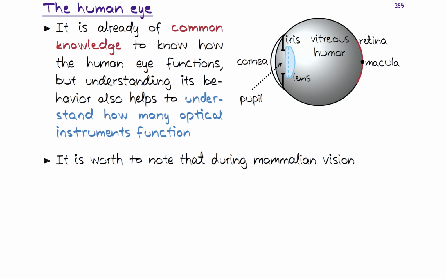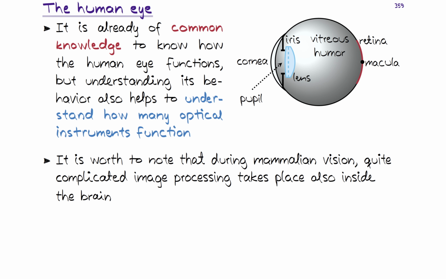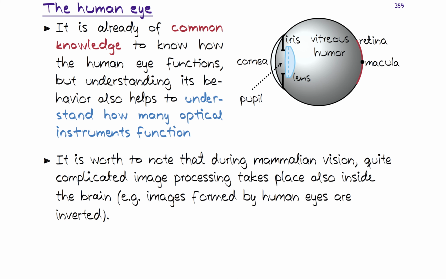And please note that we're looking at mammalian vision. There is actually quite complicated image processing that takes place inside our brain, so what we think we are seeing is actually not exactly what the eye is seeing; a lot of signal processing is taking place.